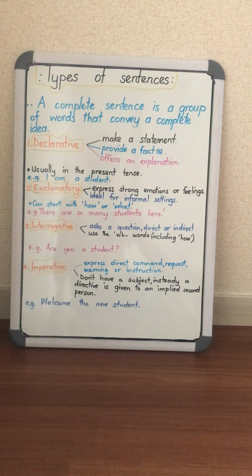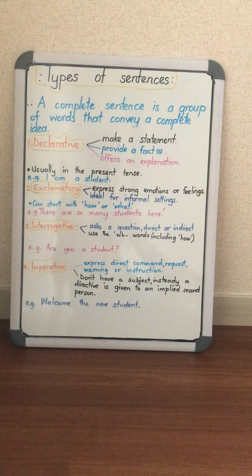Right. Then the last group of sentences that I have are the imperative. These express direct command, request, warning, or instruction. Usually they don't have a subject, but instead a directive is given to an implied second person.